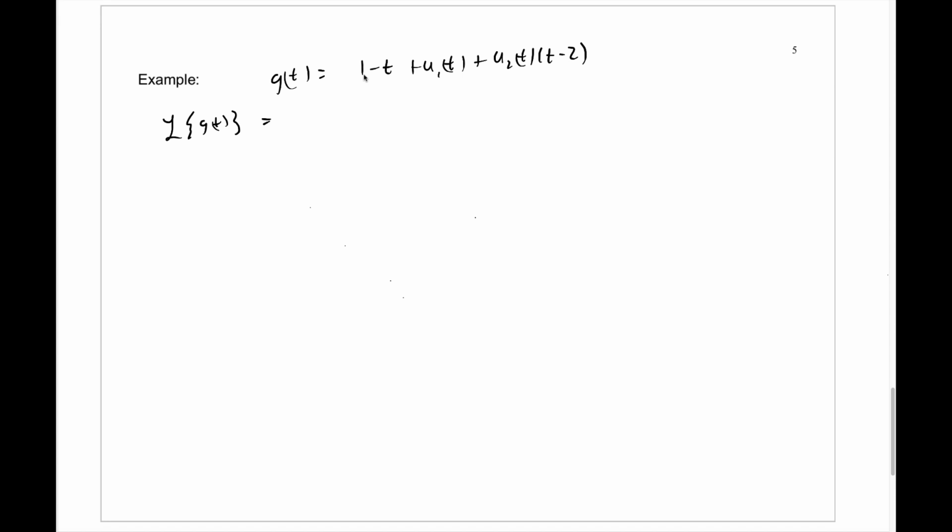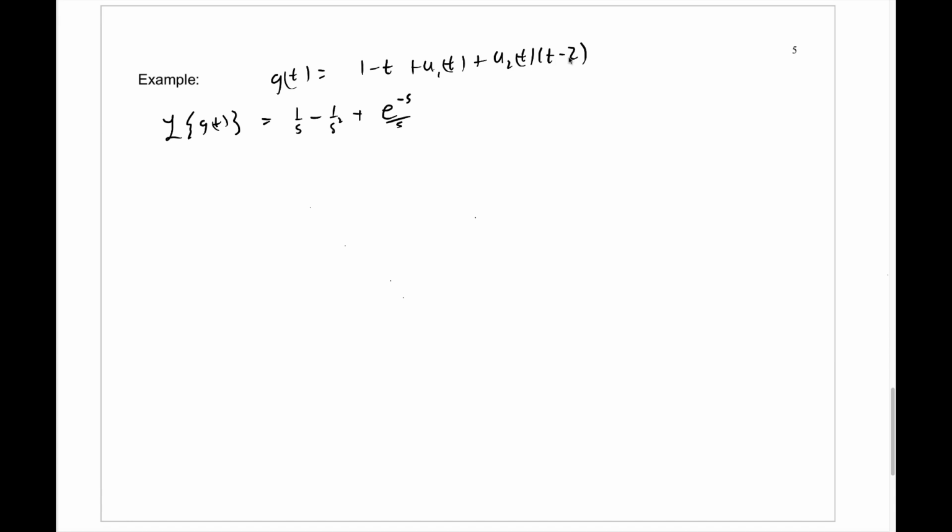The Laplace transform of 1 is just 1 over s. The Laplace transform of t is just 1 over s squared. The Laplace transform of u1 of t, we've already seen, is e to the minus 1 times s over s. And finally, how do we take the Laplace transform of u sub 2 of t times t minus 2?